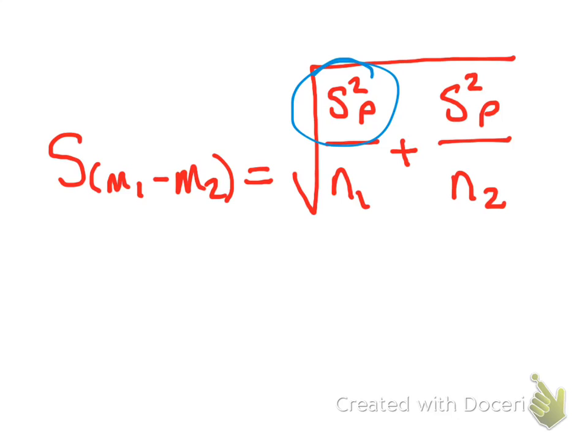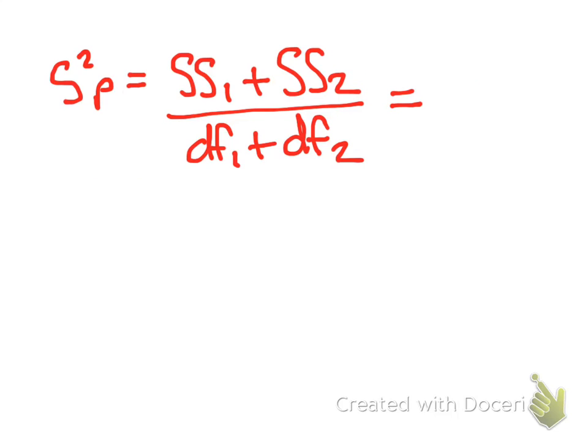The formula is asking me for pooled variance, the mean of our two sample variances. So we're going to need to do that. So here's the formula for calculating our pooled variance. And I have all these numbers from my data, so I'm just going to plug them in. I am getting the sum of my sums of squares. So let's put these up here.